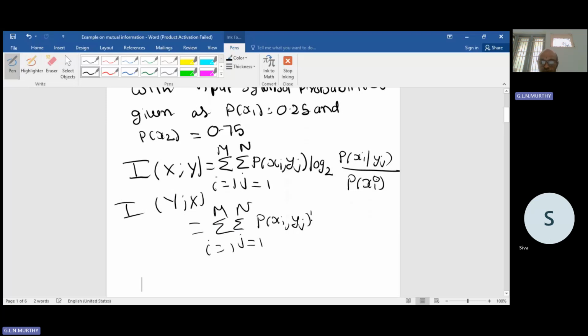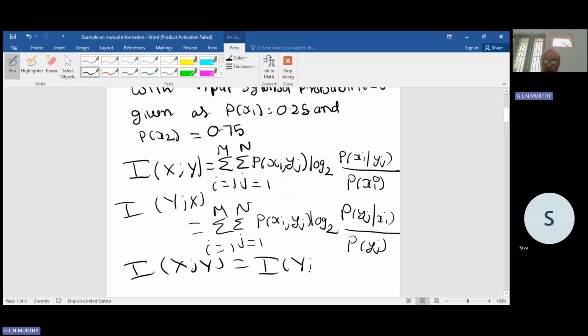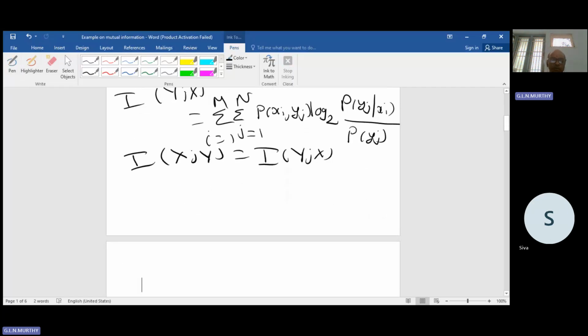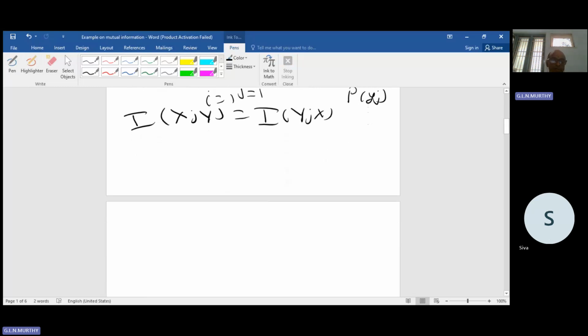The portion is no change, and here it can be taken as log P of yj upon xi by P of yj. These are the two definitions for mutual information. However, from the properties of mutual information, we know that I of x semicolon y is equal to I of y semicolon x, which means that mutual information is symmetric.